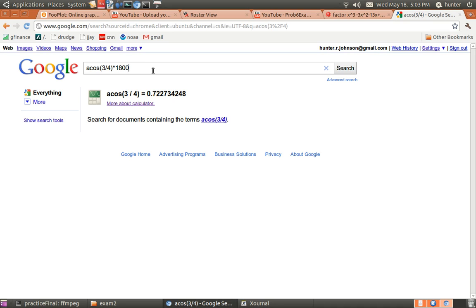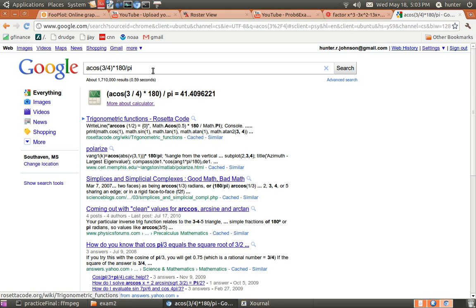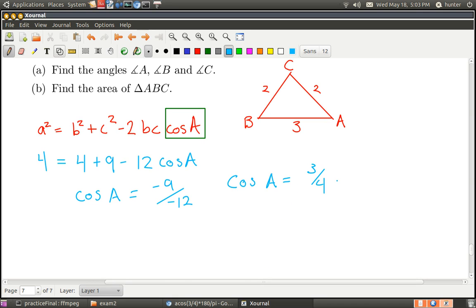So let me convert it to degrees by multiplying by 180 over pi, and what I get is this. Okay, so let's just call that 41.41. So A is 41.41 degrees.